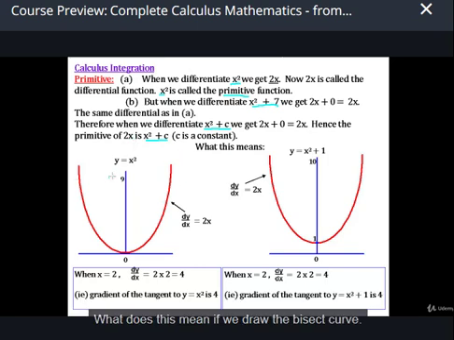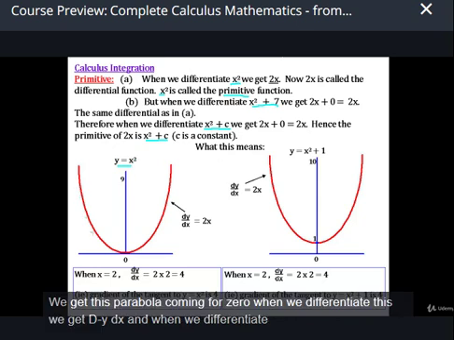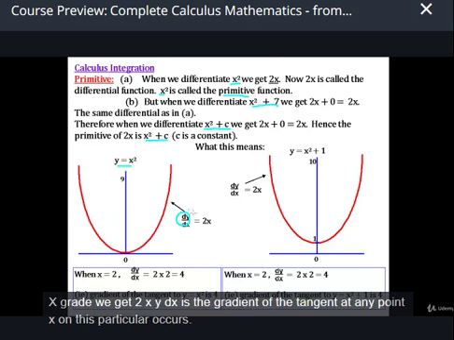What does this mean? If we draw the basic curve y equals x squared, we get this parabola coming through 0. When we differentiate this, we get dy dx, and when we differentiate x squared, we get 2x. dy dx is the gradient of the tangent at any point x on this particular curve.